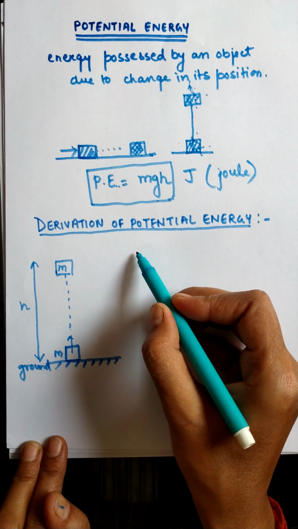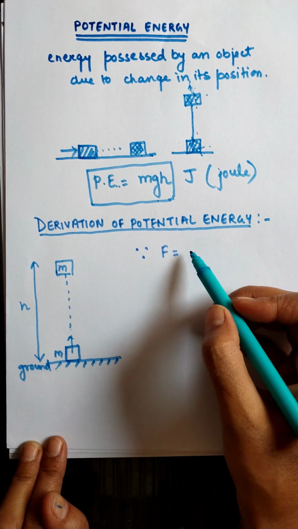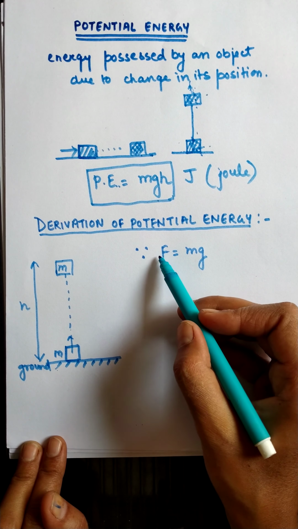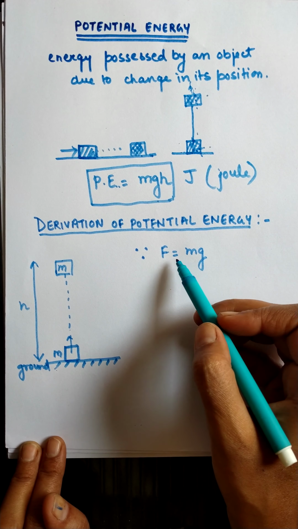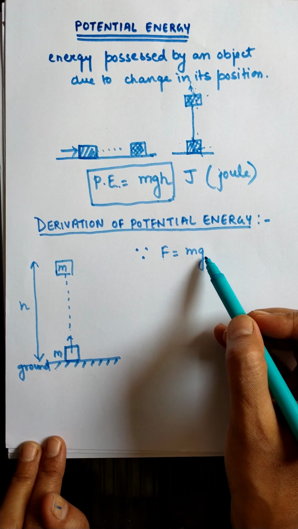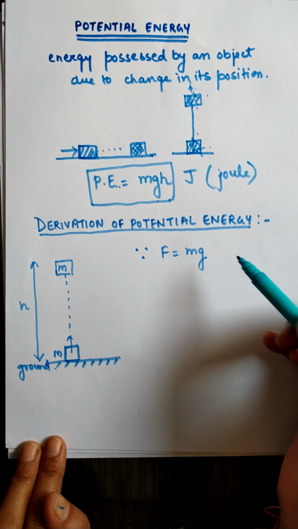Since force is applied on the object, we know it will be equal to mg. Why? Because force is equal to mass into acceleration. That we have learned in the chapter on motion, according to Newton's second law of motion.